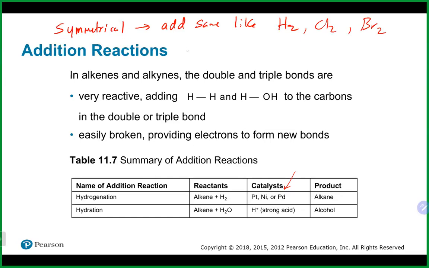So for example, if I had something that looked like this, and I wanted to add, maybe we'll do some Cl2, which is this basically. Probably have a little catalyst to help me.